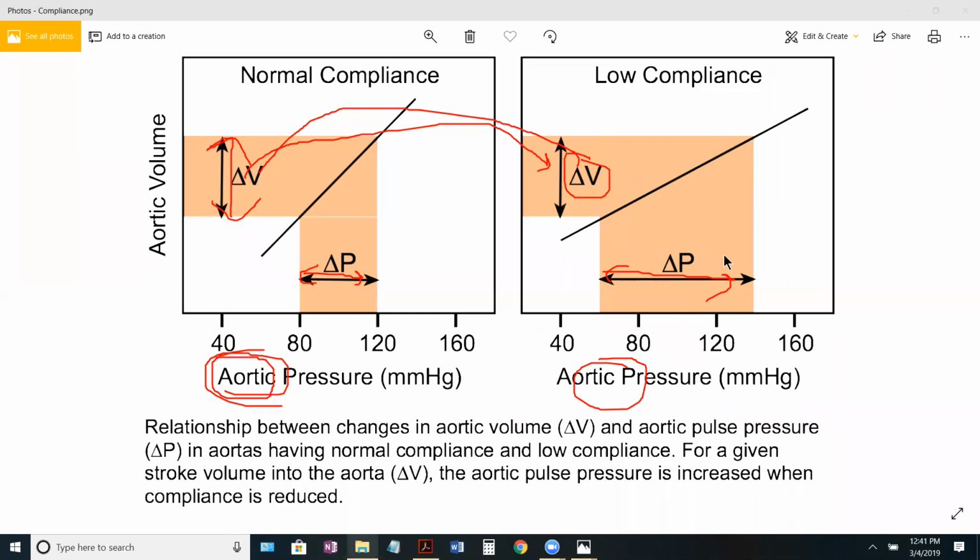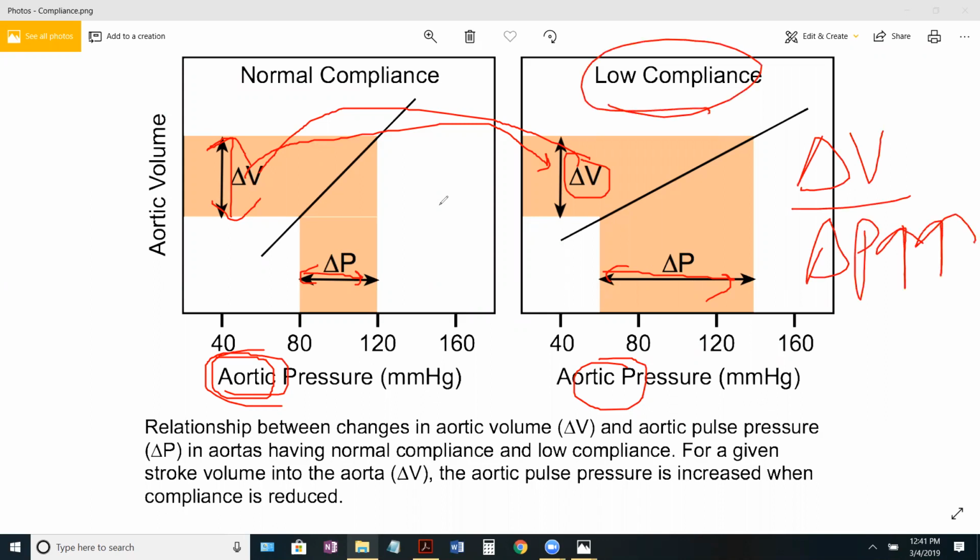If you have a low change in volume and a very high change in pressure, then this low compliant aorta has too much delta P, and delta V is normal to decreased. So that will give rise to less compliance.